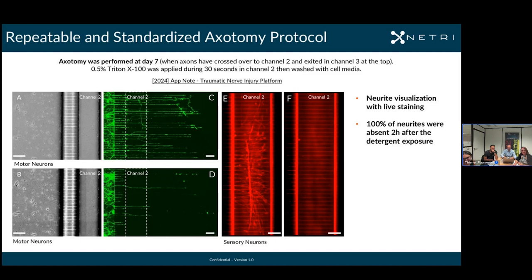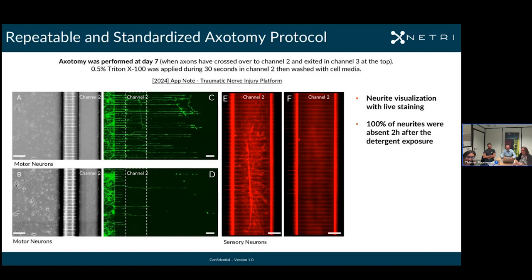But here you have, similarly, the motor neurons before axotomy, and just 1 day after axotomy, we can see that a few axons start regrowing and most of the axons were gone, so that we really have cut all of them and not touched the other compartments.